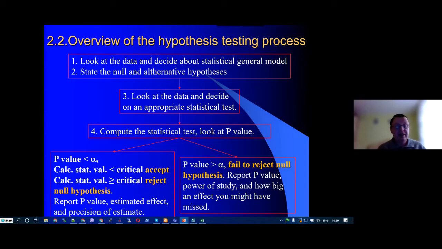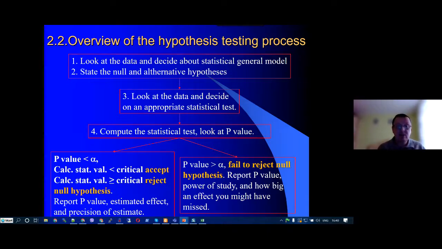If we try to create a step-by-step algorithm to perform hypothesis testing, we can identify 4 general steps. First of all, we have to look at the data and decide on the general statistical model. Then we have to create the statement, the null and alternative hypotheses. It may be a little bit complicated, but we must understand that the assumption must be provided before we perform any kind of calculation.